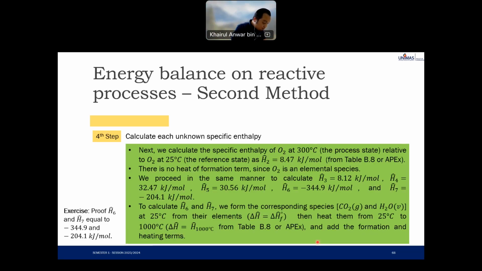Liquid or gas? Gas. Negative 393.5, gas. Then 25 to 1000 degrees C.